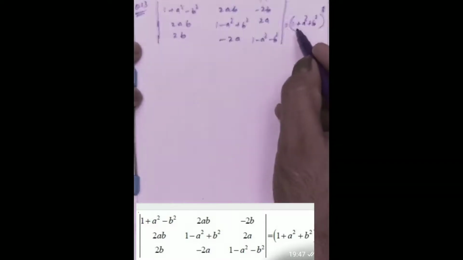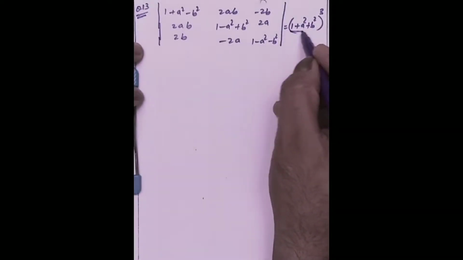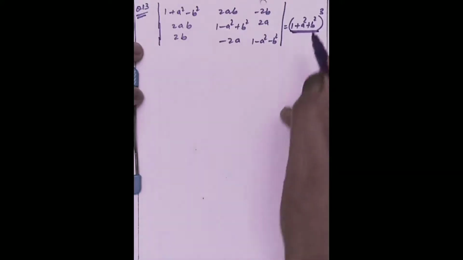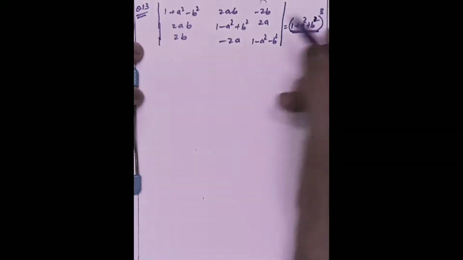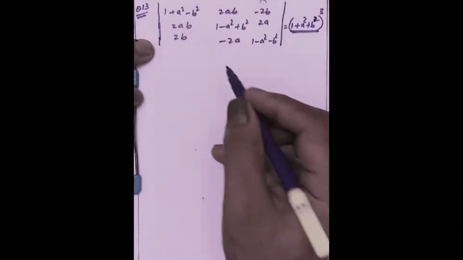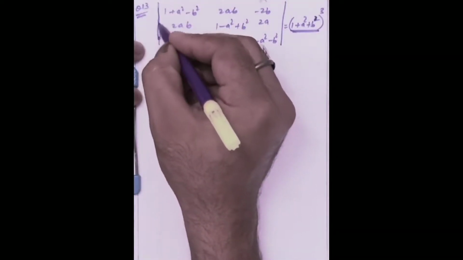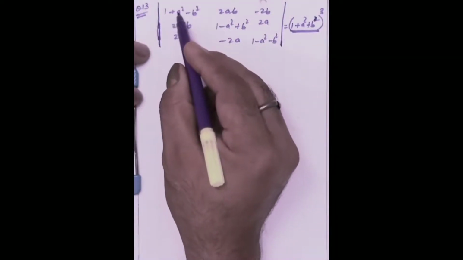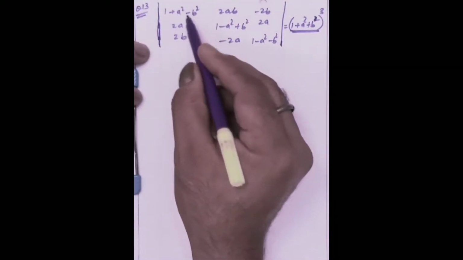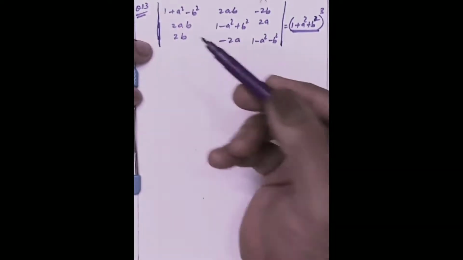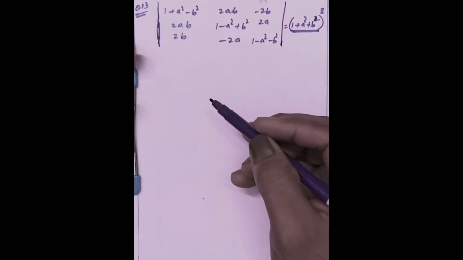So now look at here, we need to have 3 factors of 1 plus a square plus b square. So 3 will be our later target. First of all, we concentrate on one factor only. So 1 plus a square, if we could make it plus b square with some operation, then our purpose is fulfilled.